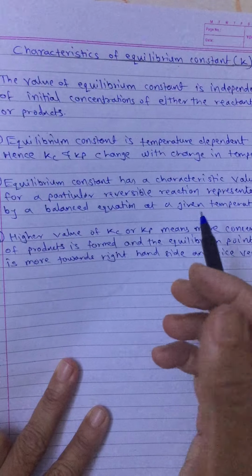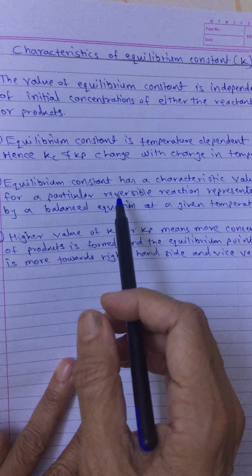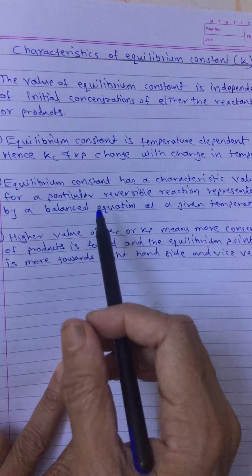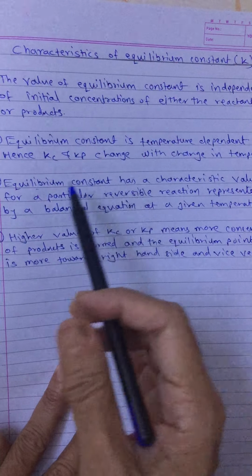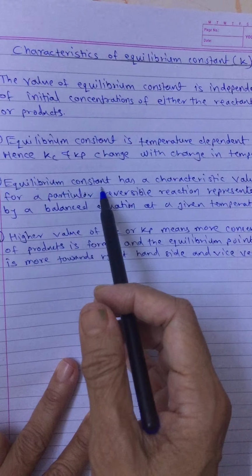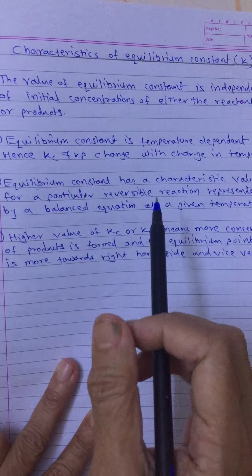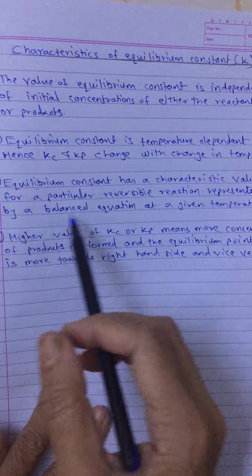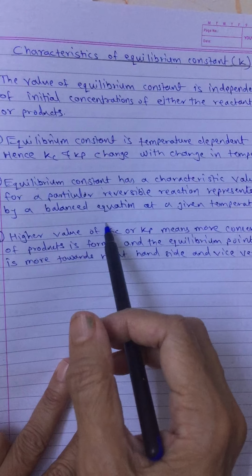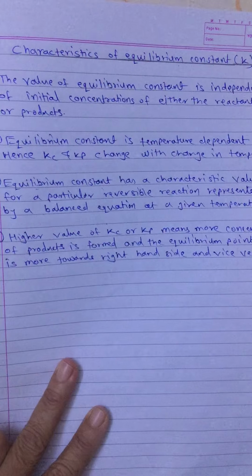So for a particular reversible reaction, when equilibrium is attained, we can express that equilibrium mathematically in terms of equilibrium constant, and it has a particular value for the balanced equation, at a given temperature.